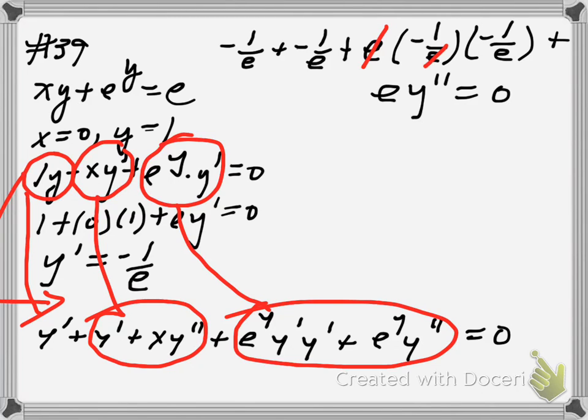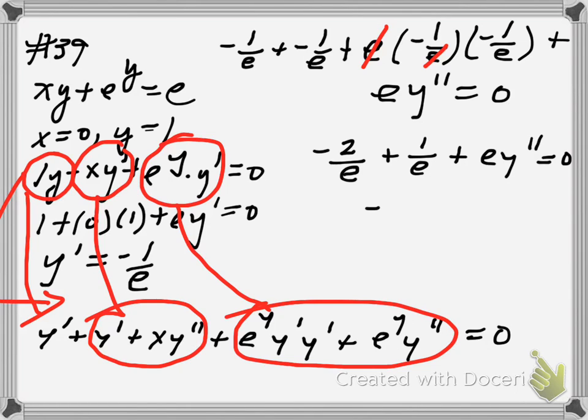This e is going to simplify with that e. Negative 1 times negative 1 over e is positive 1 over e. Plus e times y double prime equals 0.